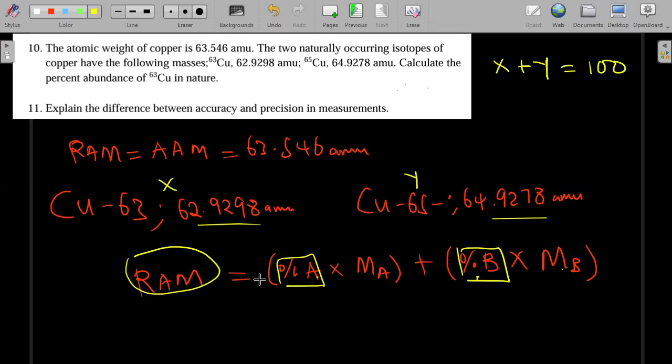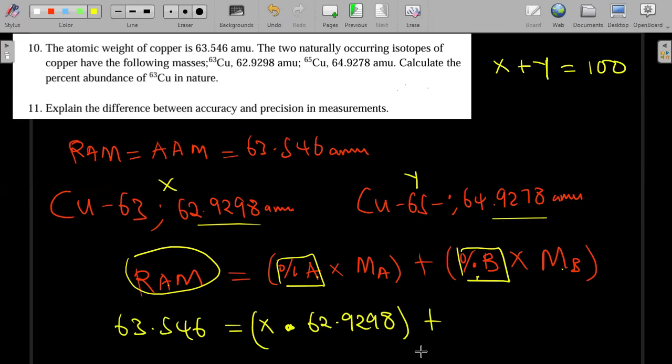Now let's replace these numbers into the formula. The RAM is 63.546, which equals the percent of copper-63, X, multiplied by the mass of copper-63, 62.9298, plus the percent of copper-65.